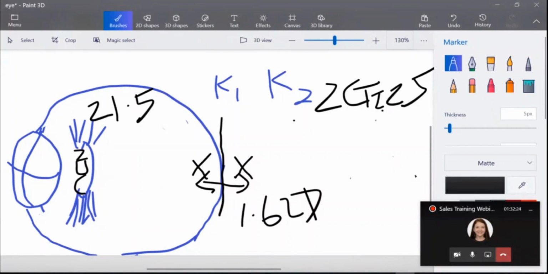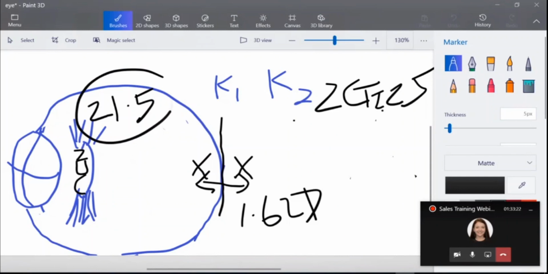So you take 2.25 divided by 2, which gives you 1.125, sorry. So it's 1.125 in either direction.